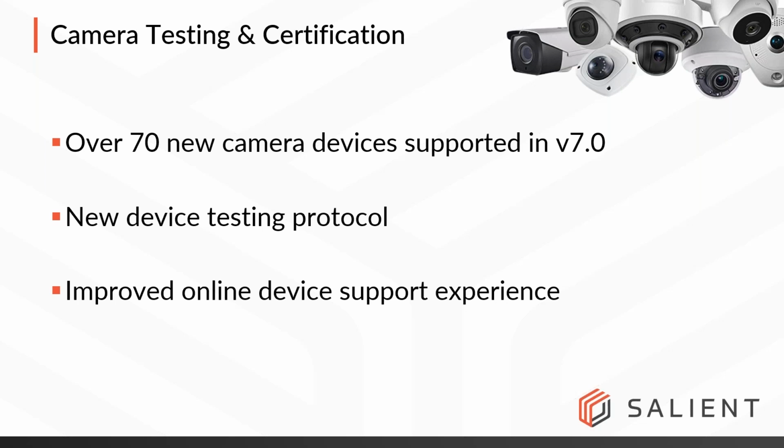As a part of this new testing process, we've also added over 70 new camera devices, and we've taken the time to actually improve the online device support experience. It's now a web form, and it includes a lot more detail that's very useful to our own system engineering team, but just as important, our customers and integrators, in not just understanding what cameras are supported, but exactly what capabilities, what firmware version, what version of CompleteView was tested against. So look forward to these changes. Some of these are actually live now.